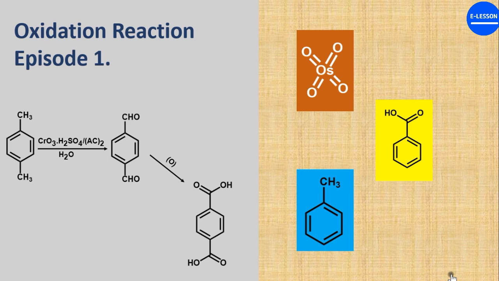It's also pertinent because we have various types of oxidizing agents and various types of reducing agents. These oxidizing agents and reducing agents are prone to affect some functional groups while oxidizing or reducing other functional groups to get the desired product or the desired yield.